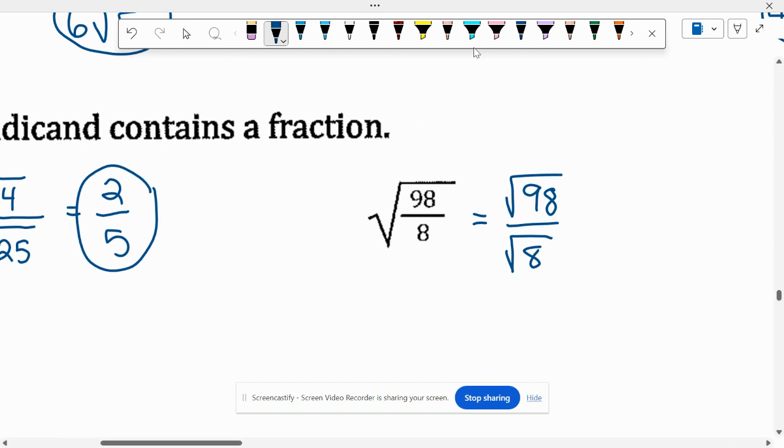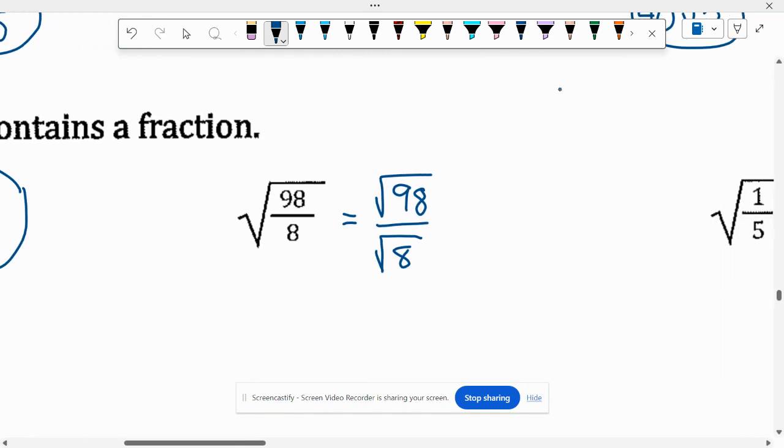Bad chair? Okay. So the square root of 98 over 8. So I want you to think about what perfect square lives inside of 98. What perfect square times, it's not divisible by 9. 2 is not a perfect square. What is 7 squared?